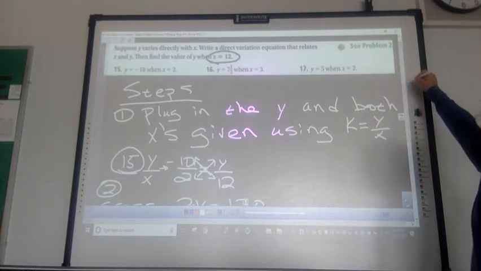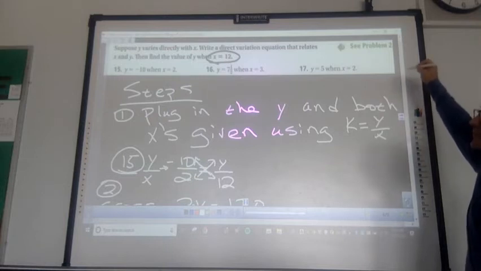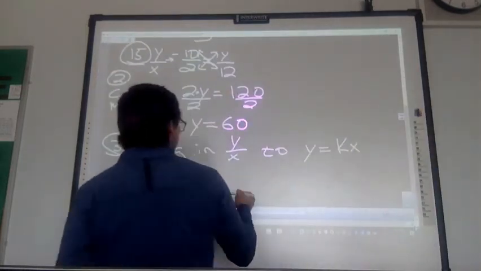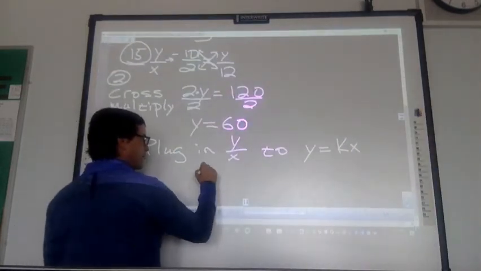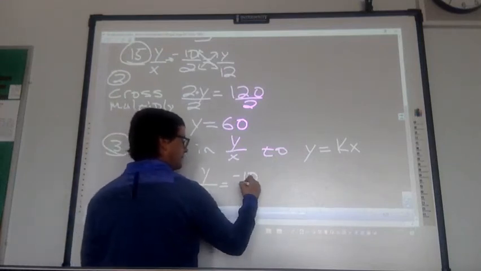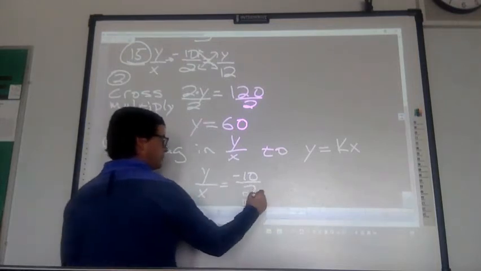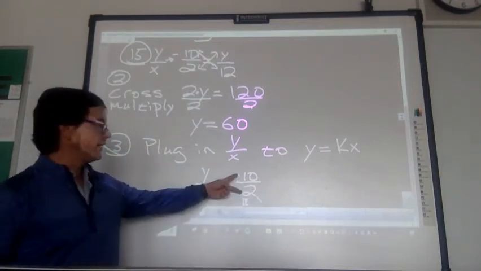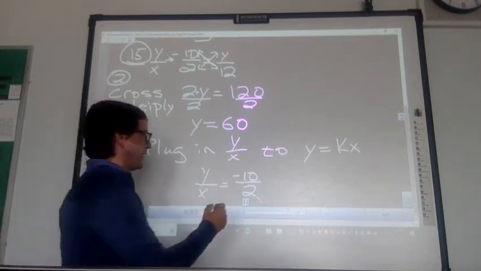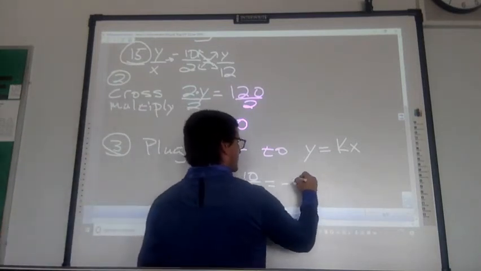Okay. y is -10. And x is? 2. Good. So we're going to use -10. So just plug it into y over x. y was -10, and the 2 is the x we want. And then if you can reduce or divide equally this fraction, always do that. So in this case, it equals -5.